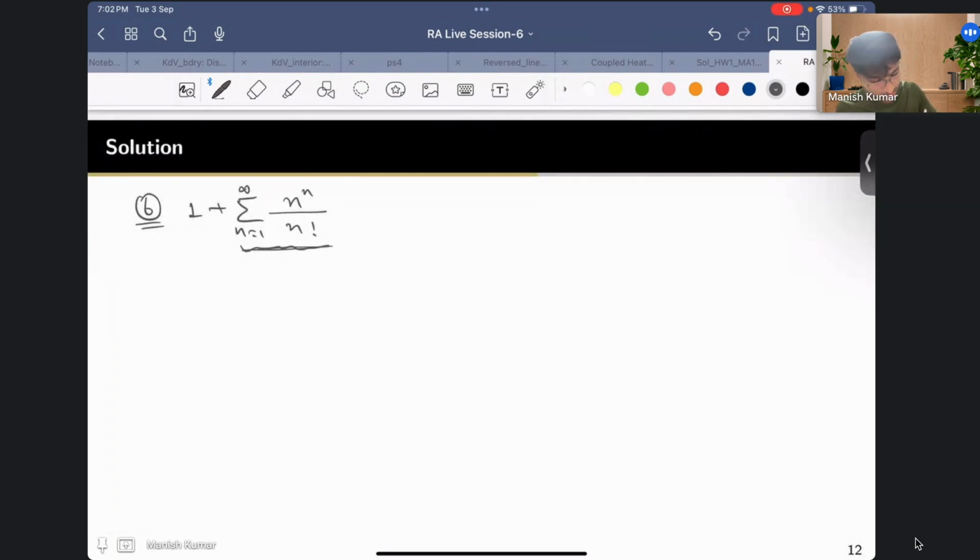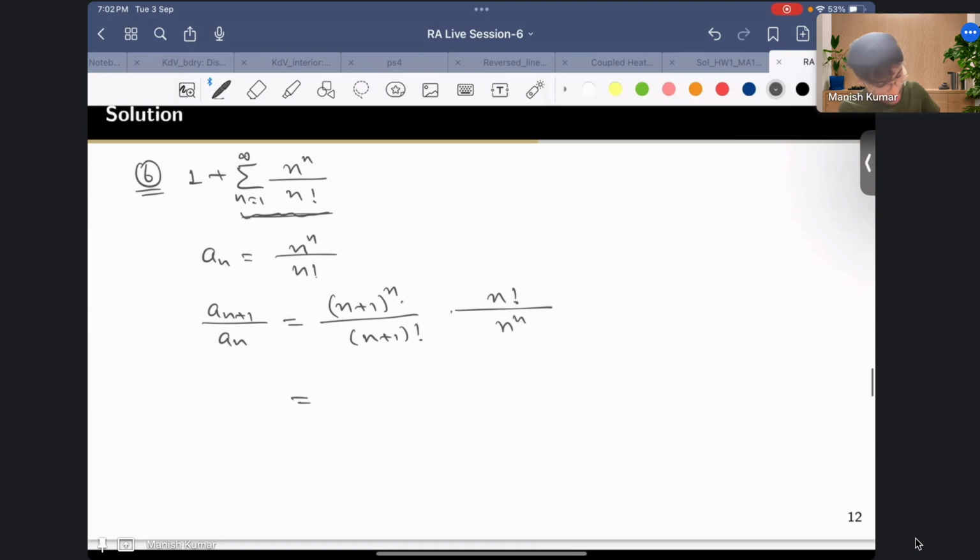So you have a_n is given by n raised to the power n upon factorial n. So let's try to see the ratio a_(n+1) upon a_n. So you have (n+1) raised to the power (n+1) upon (n+1) factorial, and then you have n factorial upon n raised to the power n. Oh, so here it would be n+1.